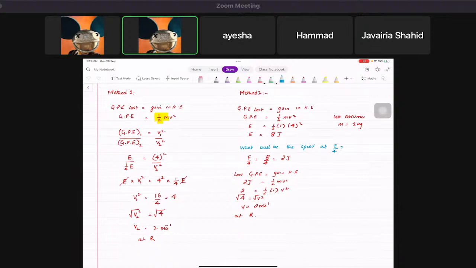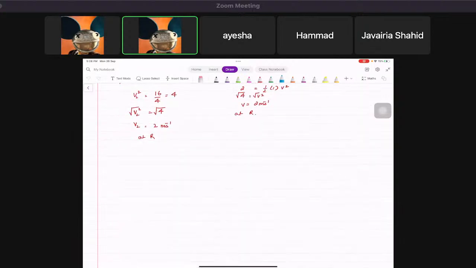Now, power is basically defined as work done or energy per unit time.